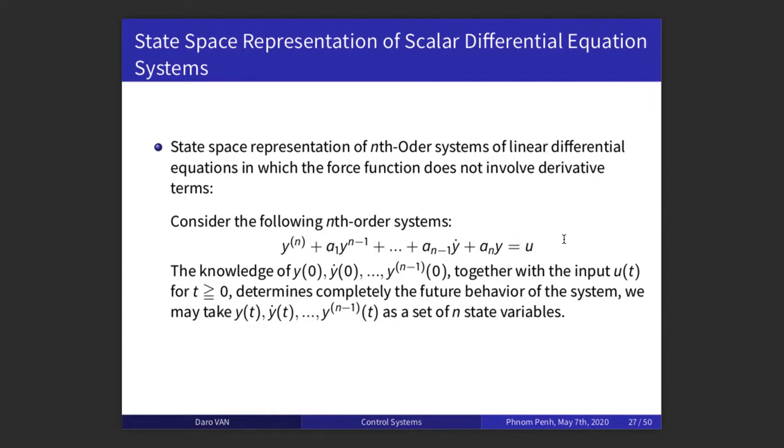In this case, we know the initial condition of the state and together with the input. Like from the previous part, you already know that with the knowledge of the initial condition and the input, you can determine the future behavior of the system.